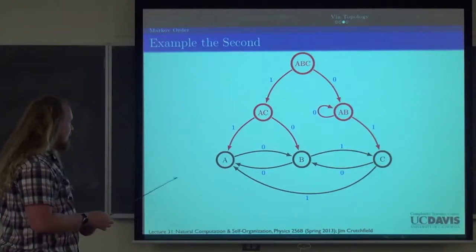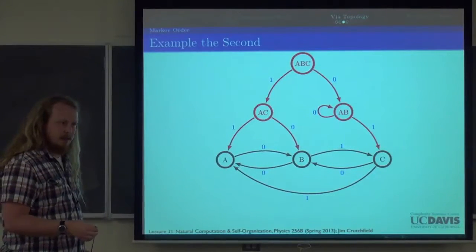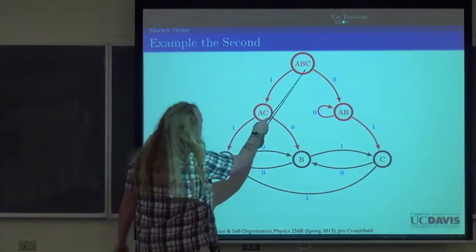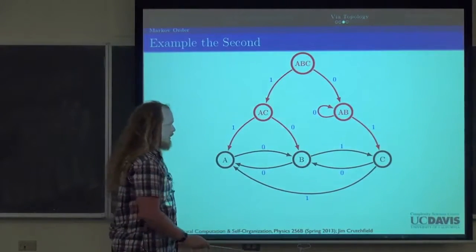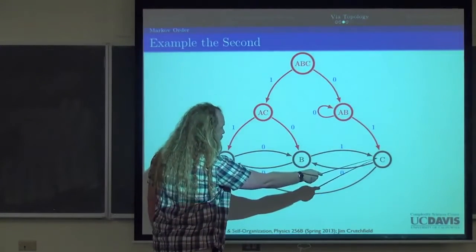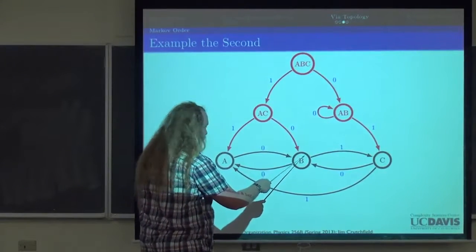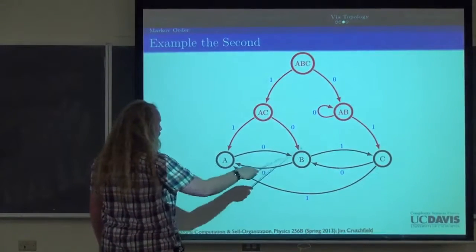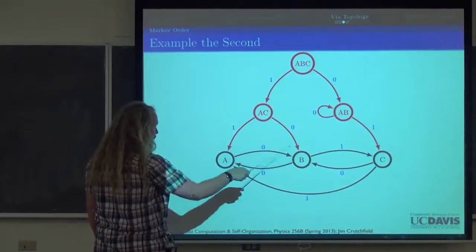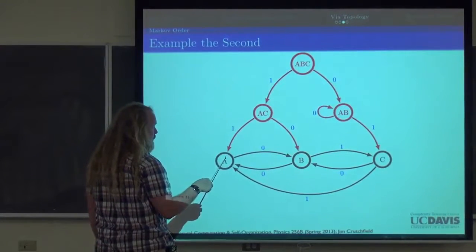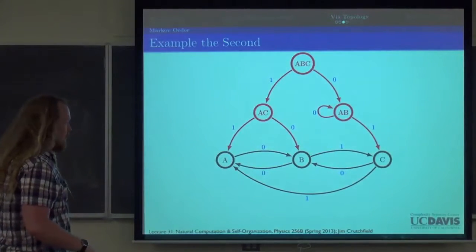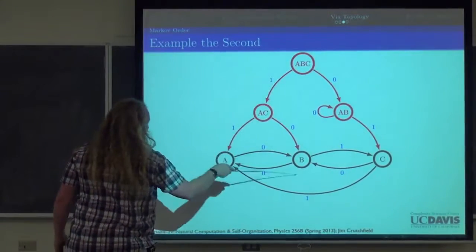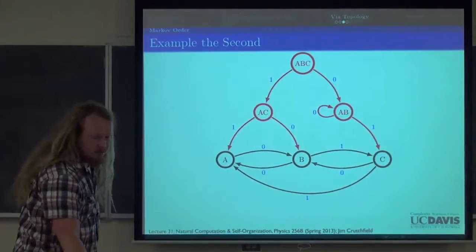It was BC to AC to B. So even though this branch of the machine can be perfectly retrodicted, in that, well, if I came here on a 1, I know I was here, and then some arbitrary number of 0s will take me back. But this path cannot be retrodicted.